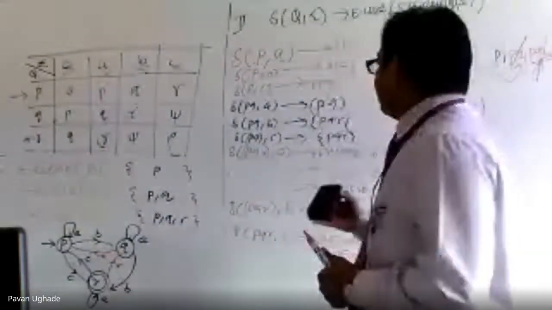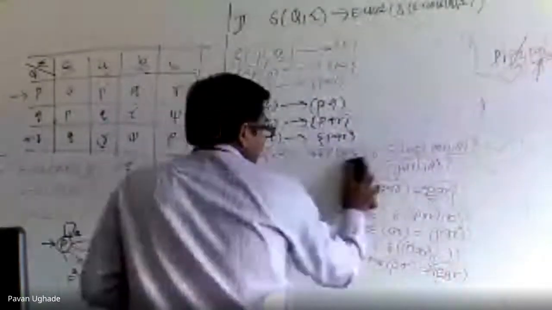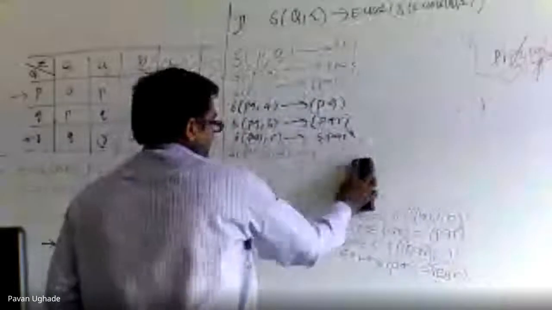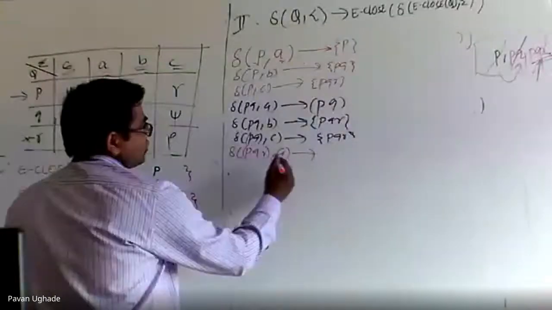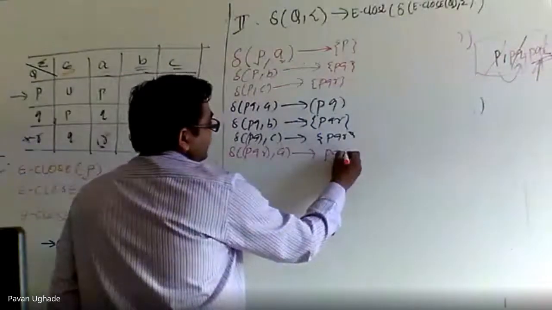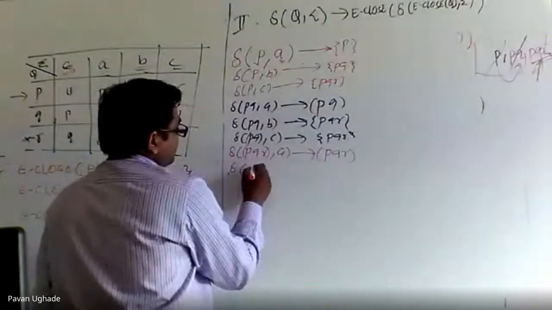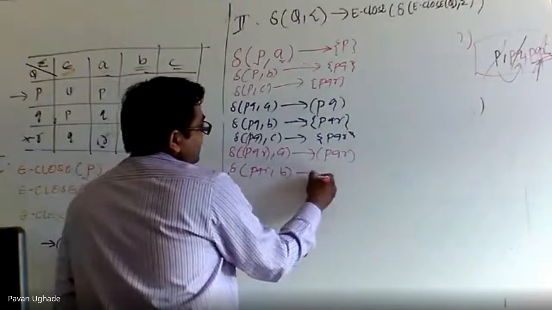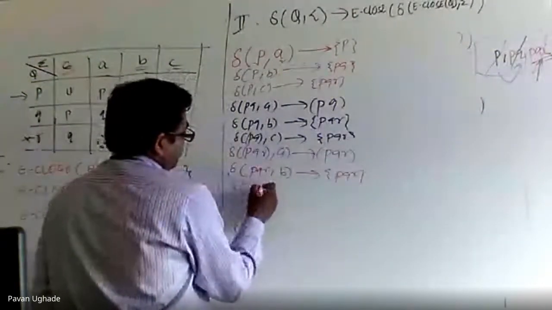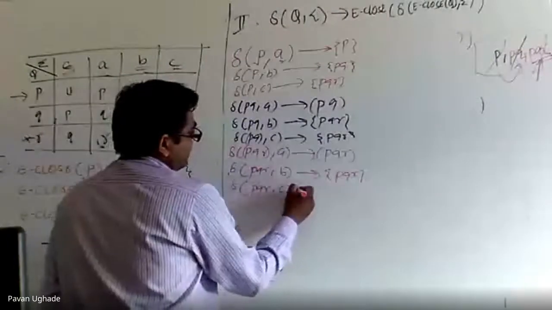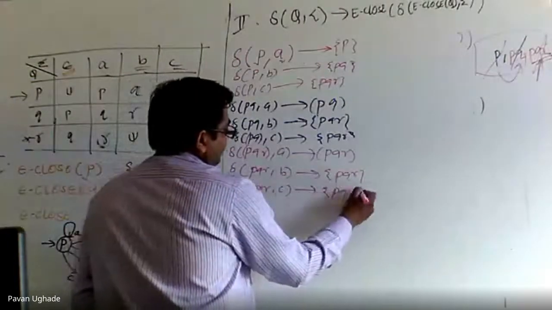So I'll simply write down here the epsilon closure. I'll give the answers like this: the epsilon closure of PQR over a, we are getting PQR; the transition function PQR over b, here also I'm getting PQR; the transition function PQR over C, here also I'm getting PQR.